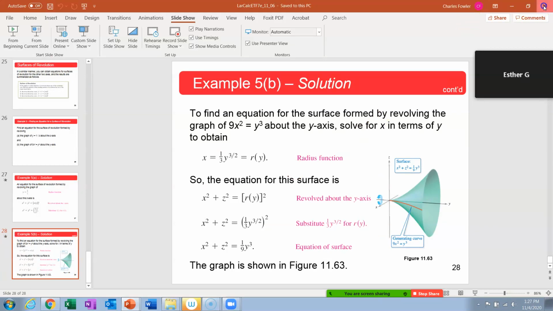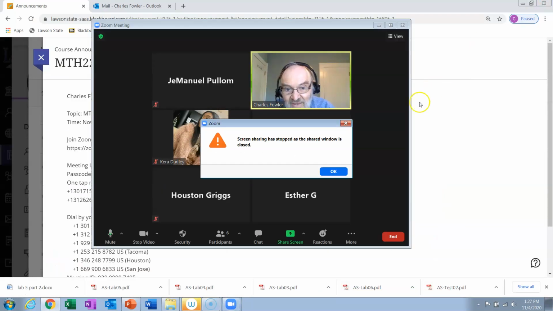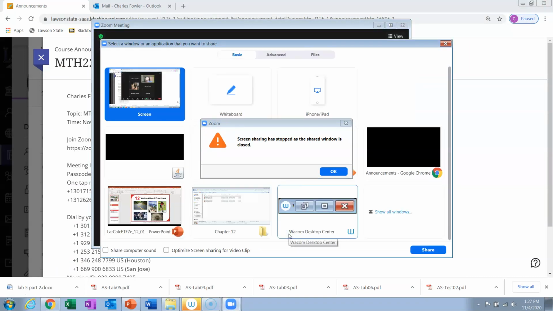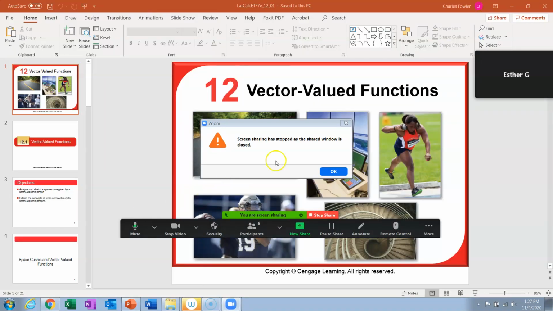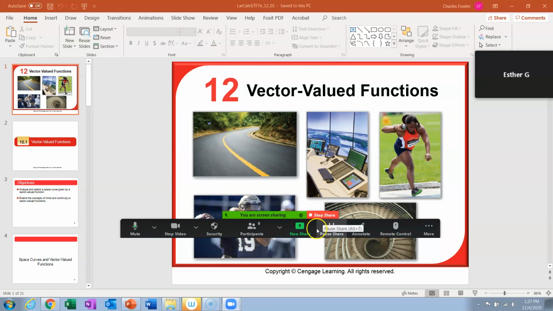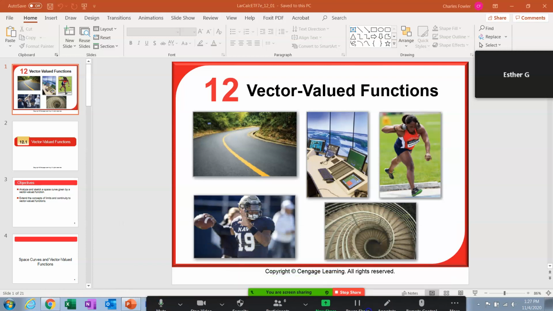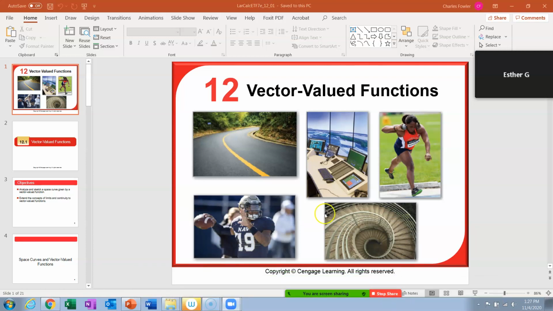Get out of 11.6 and see if I can find how to get to 12.1. There it is. Y'all didn't give me an opinion, so I'm going to 12.1. Okay, I'm going to move my taskbar out of the way here, and we'll start with current slide.